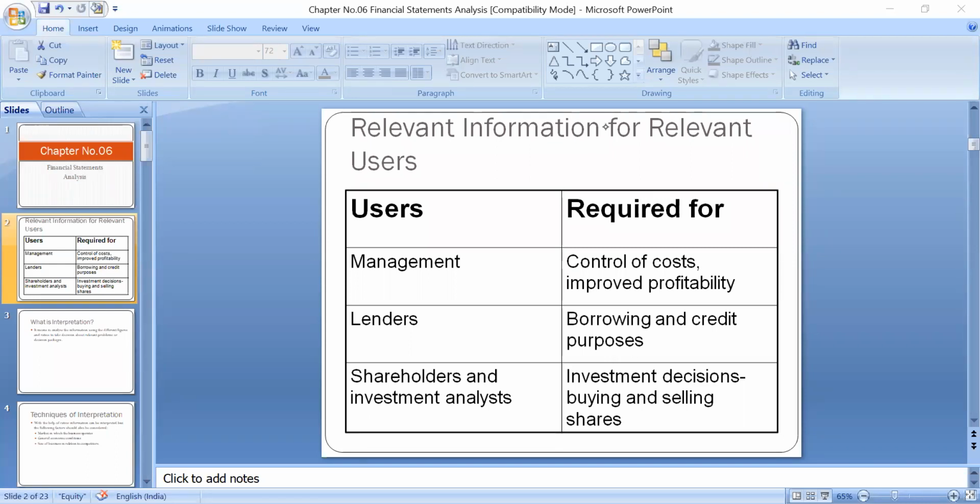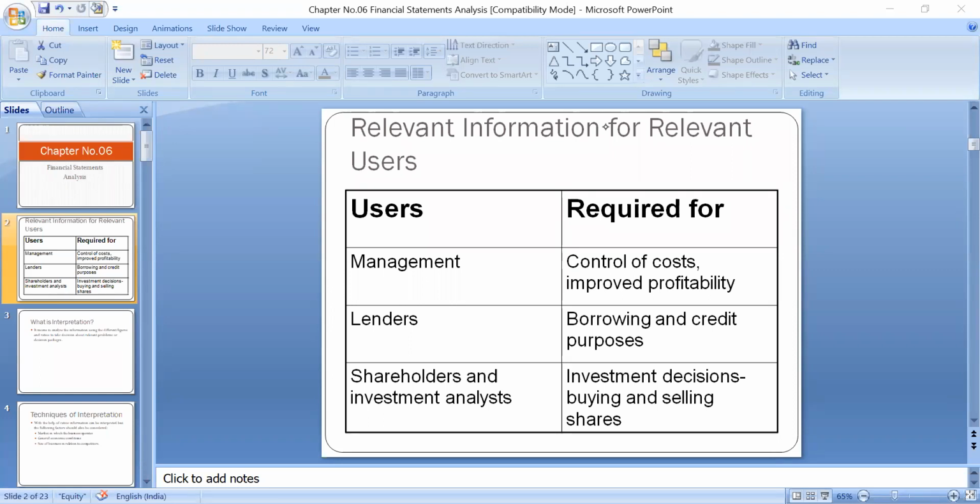Lenders are those people who give loans to the organization. Management is who is carrying on, controlling and managing the business. They need the relevant information to control the cost, to minimize the cost, and to increase the profitability of the organization.